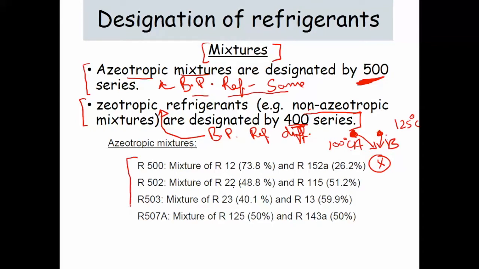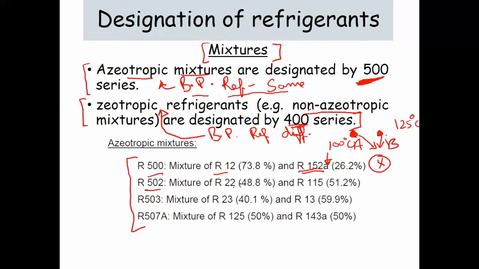These are the various examples of azeotropic mixtures. As you can see, R500 is a mixture of R12 and R152A. What A represents here, as we discussed earlier, is the isomer of R152. A different structure is there without changing the composition, without changing the molecules. Then R502.